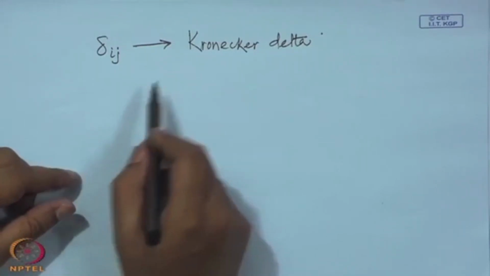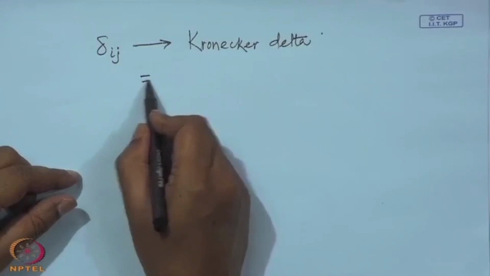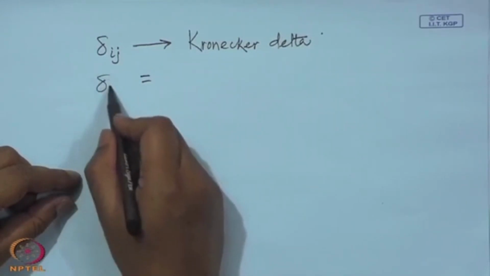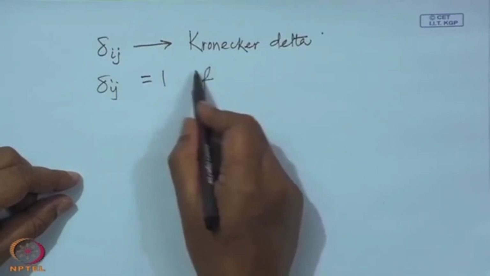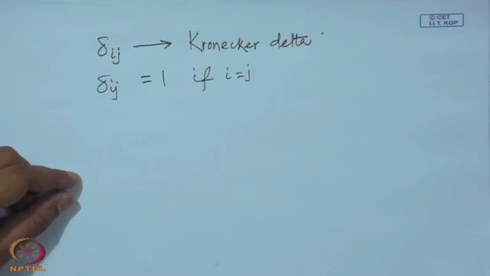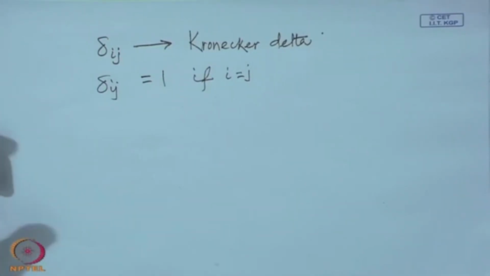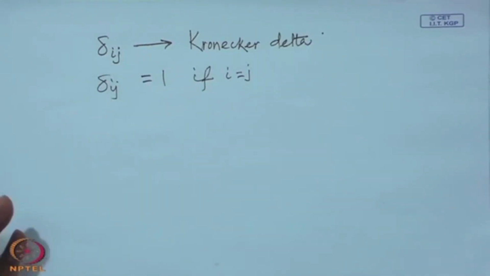Now, this delta ij has a special meaning: it has a value equal to 1 if i equals j, when i and j are the same. If we represent this delta ij mathematically, it can also be represented by a matrix having 9 elements, a 3 by 3 matrix.